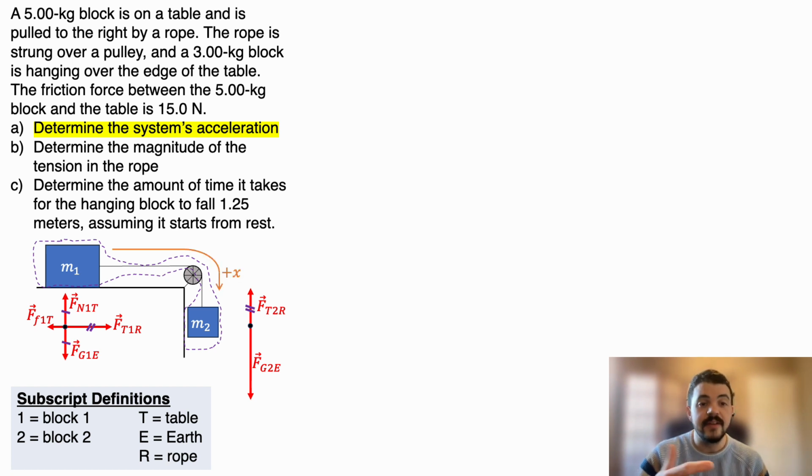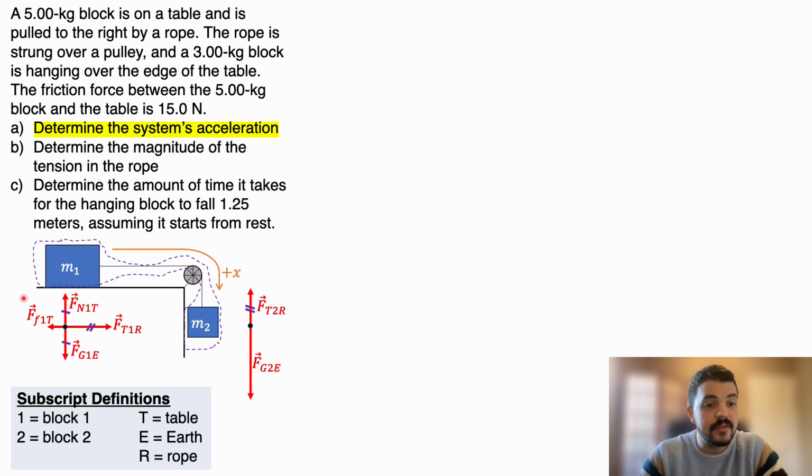Next thing we're going to do is define our sign conventions. Remember that pulleys redirect motion or redirect force. That's one way to think about what a pulley does. And so we're going to use this generalized sort of curved axis along which we're going to do our analysis. So the axis starts going to the right here from block 1, but then it curves down here along the pulley and then starts pointing in our downward direction after the pulley has redirected that motion.